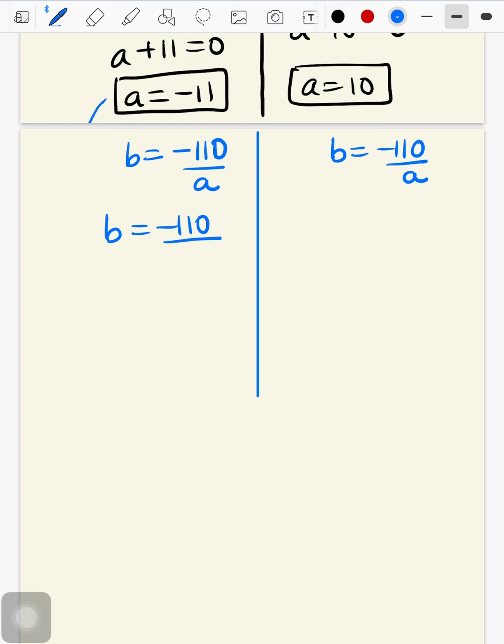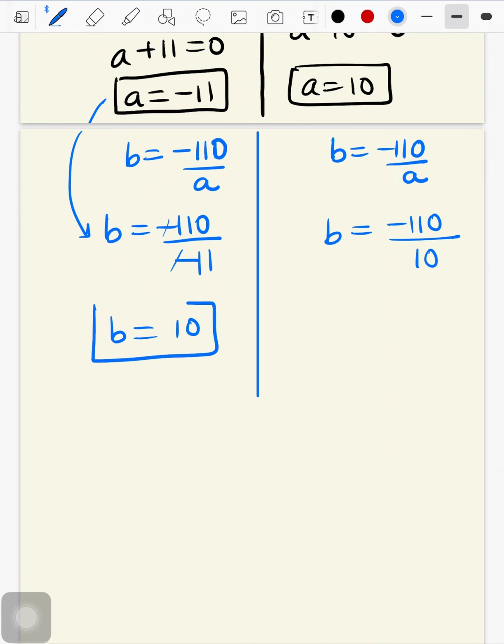Here we are putting A as minus 11 and here we are putting A as 10. When we solve it, this minus gets cancelled, and when you cancel with 11 you get 10. So the value of B is 10 when A is minus 11. And here when you solve it you get the value of B as minus 11.